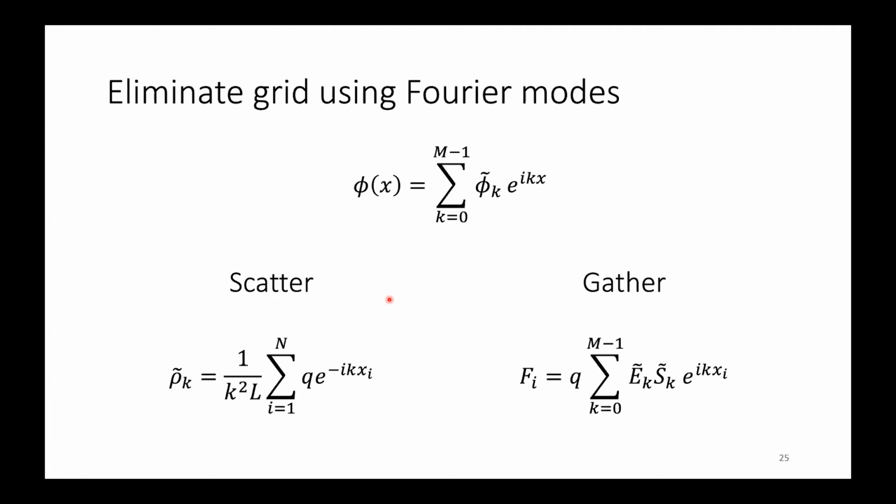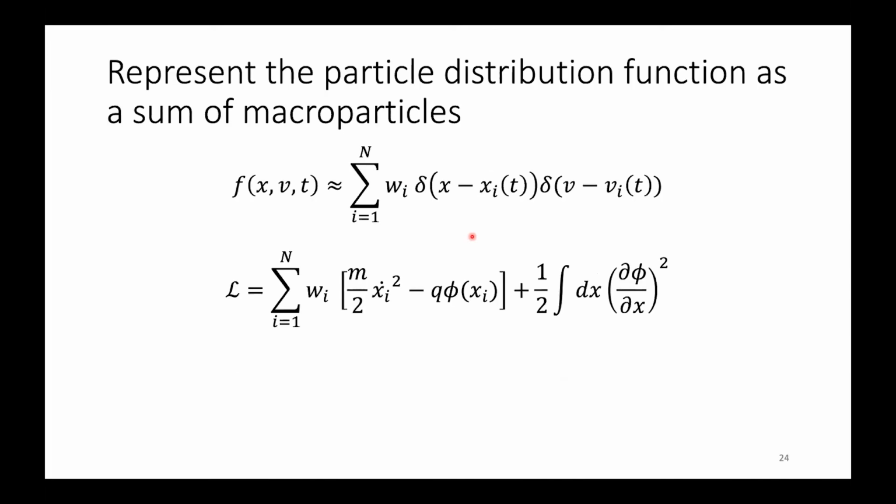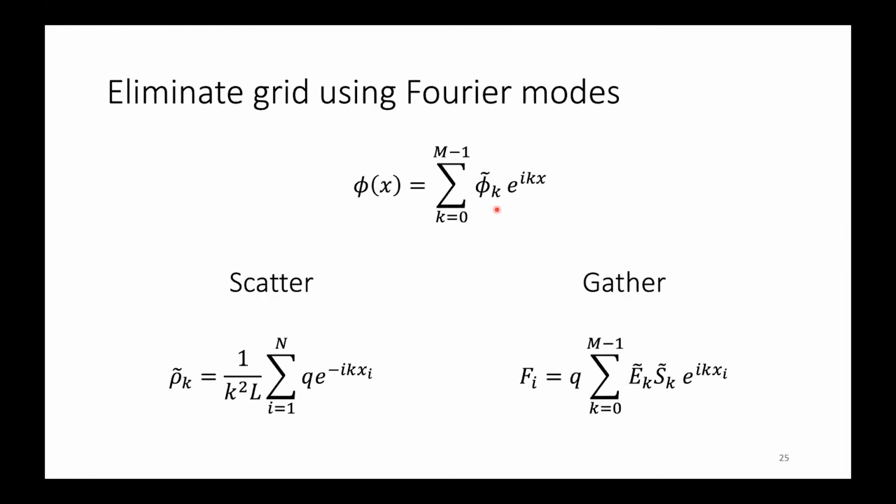Following the intuition we had earlier, what if we eliminate this using Fourier modes? If we choose to represent phi as a truncated Fourier basis, this truncation makes sense because we're always going to have to cut off the frequency somewhere. Then if we put this phi into this semi-discretized Lagrangian, vary with respect to x, vary with respect to these phi sub k's, what we find is a scatter step that looks like this.